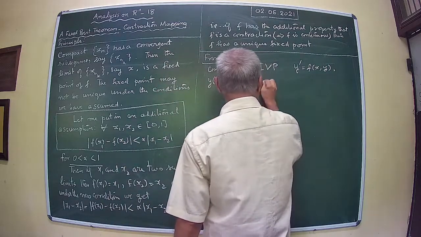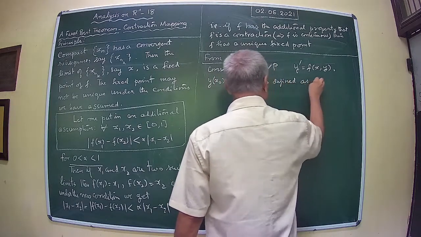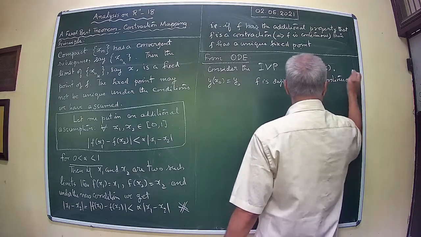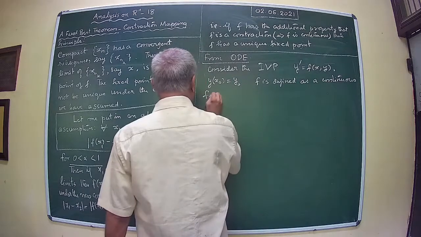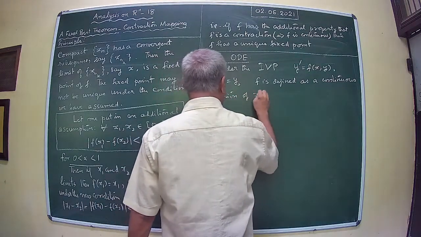F is defined as a continuous function of x and y.